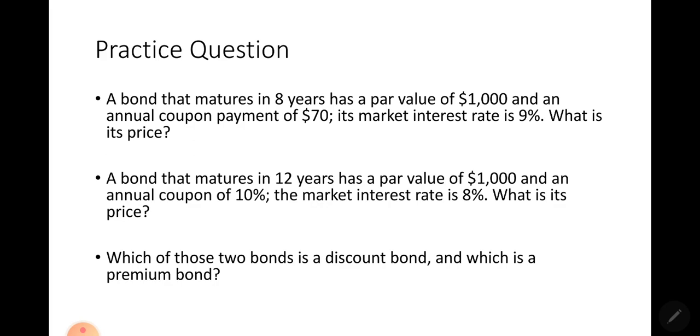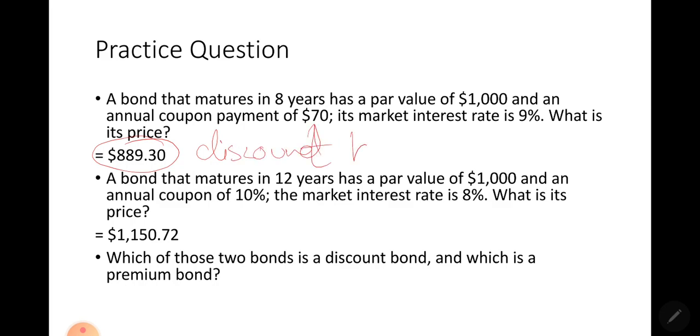Then we did this practice exercise, so you can do it later on as well, and the solutions are here. The one that has a price less than 1000 is a discount bond, and this one is a premium bond.